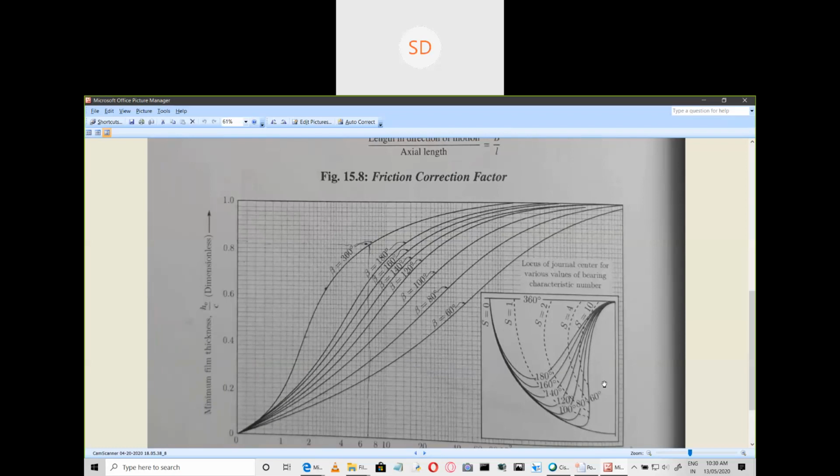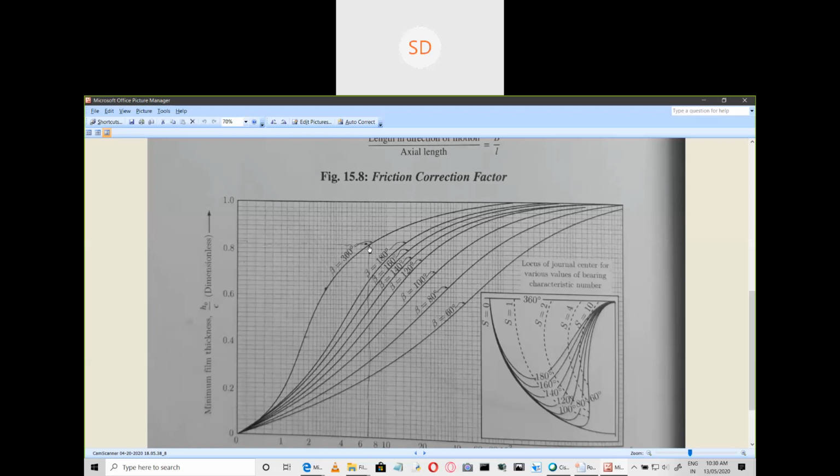Okay. Now this is the diagram. How much did you get? You got a value of 6.72. This is the value of S. You are going to get somewhere here. Now you just go in a vertical direction. The value of beta here, it is a full journal bearing, so beta equals 360 degrees.